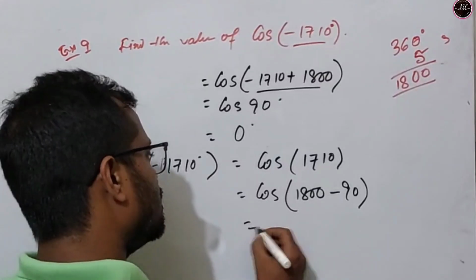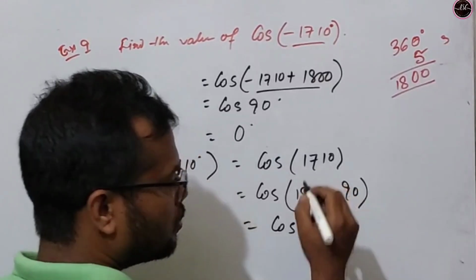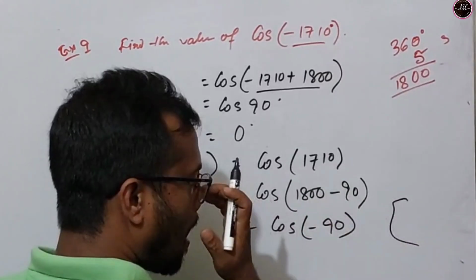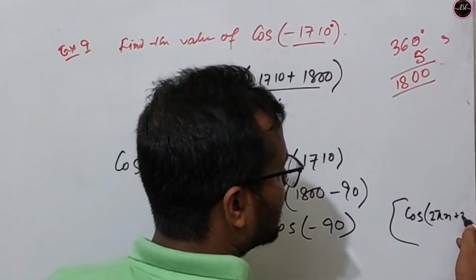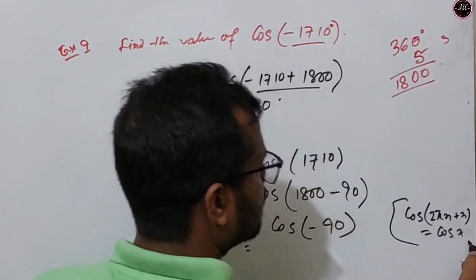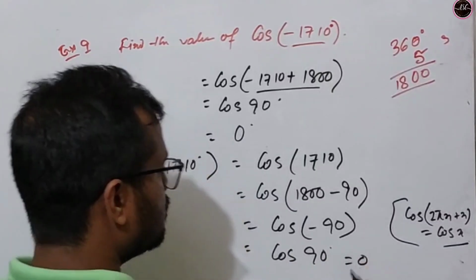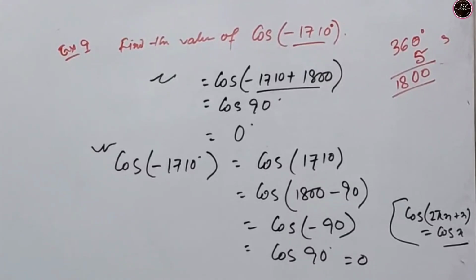So this term will be cos of minus 90, as cos(2πn + x) equals cos x. By this we get cos 90 equal to 0. By these 2 methods we can get the value.